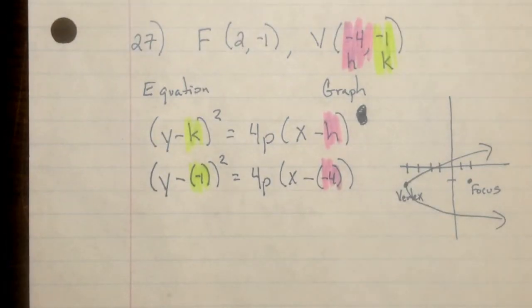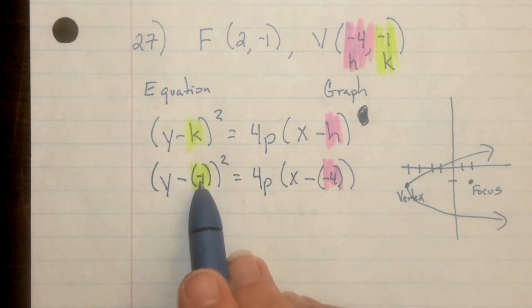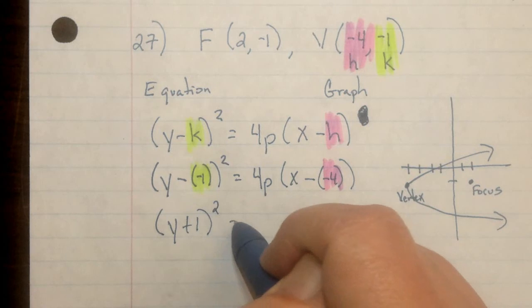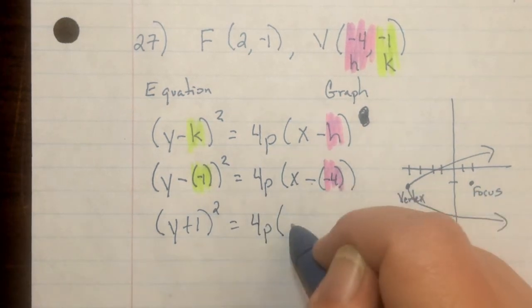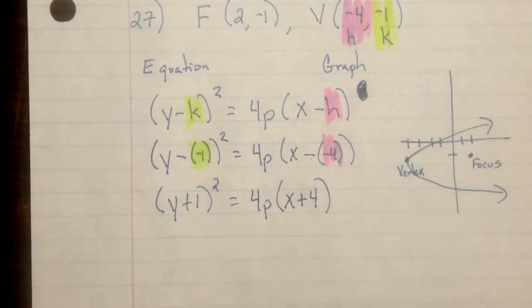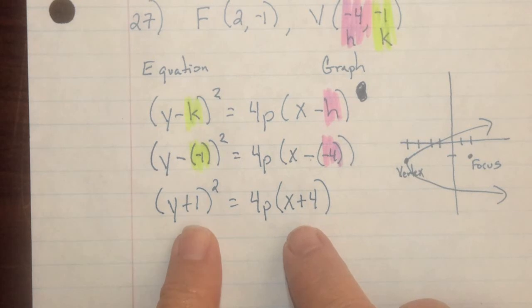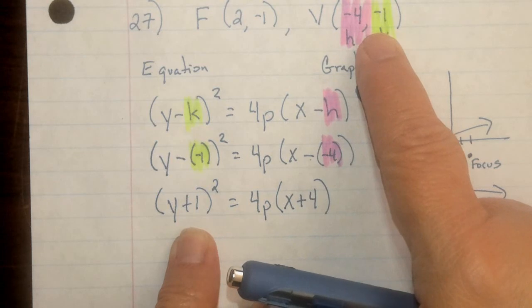Just substituting the vertex in there. If you subtract a negative, that's +1, so y plus 1 and x plus 4. When you have a plus sign here, your vertex was at -4, -1.